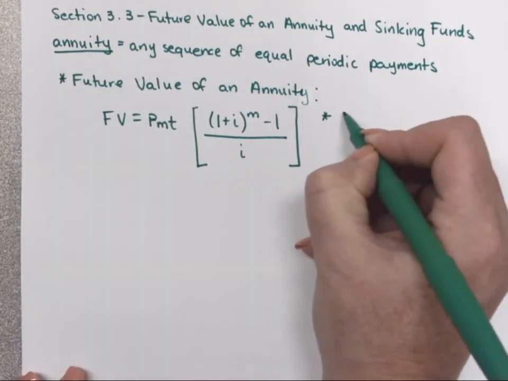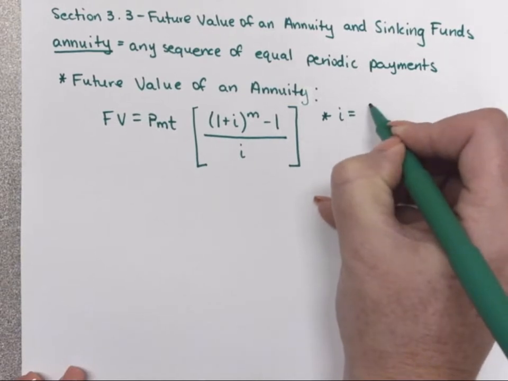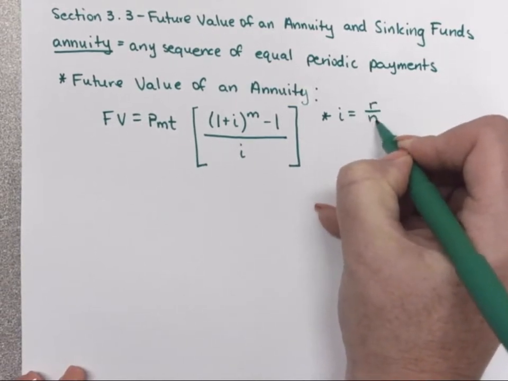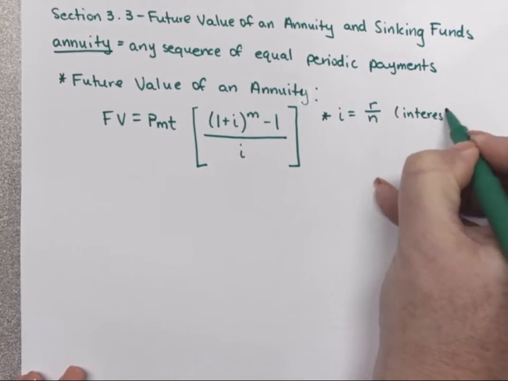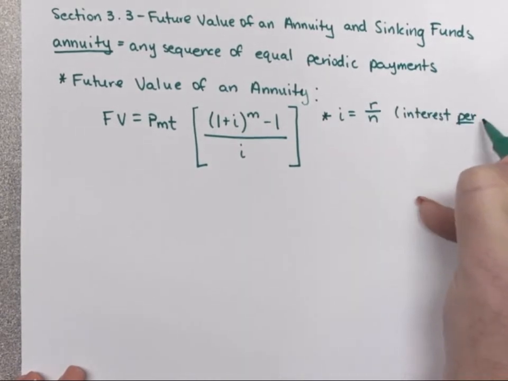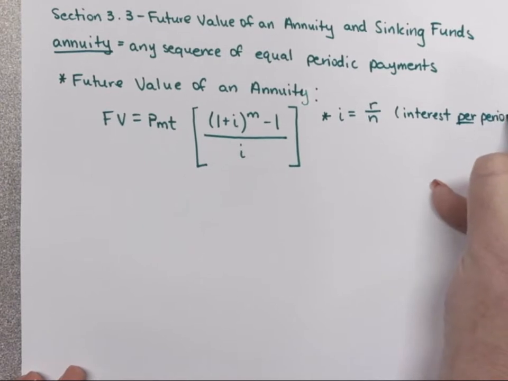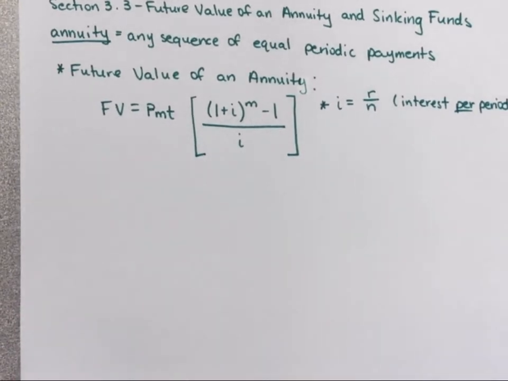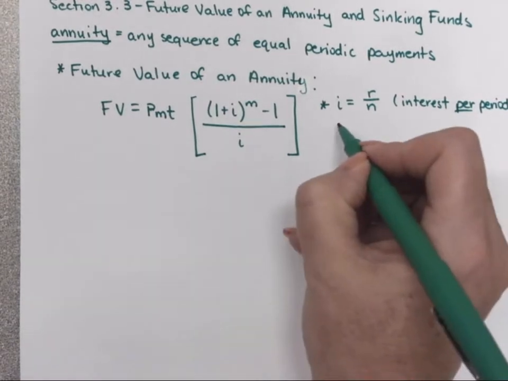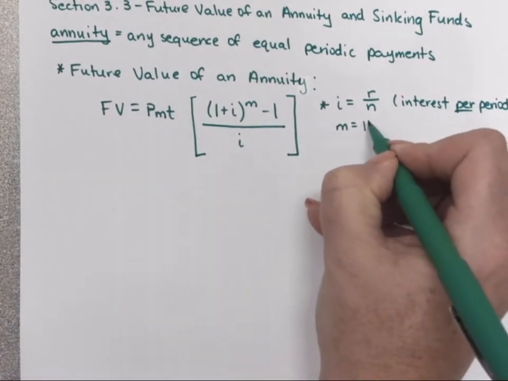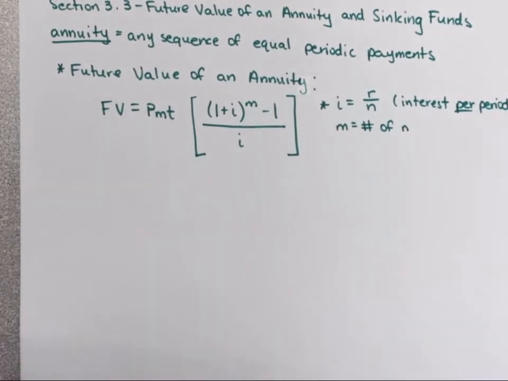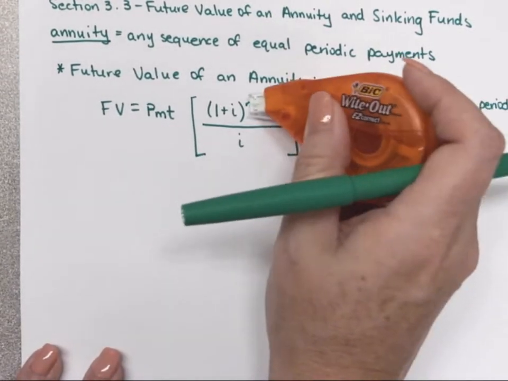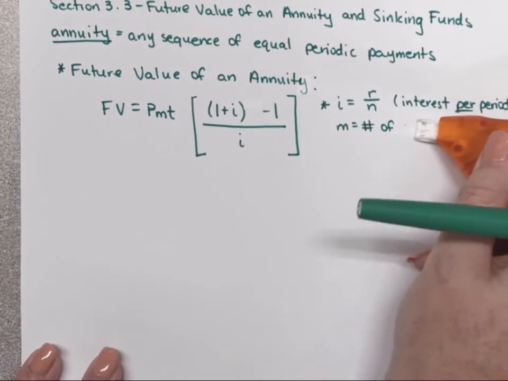And so I, just so you know, is always going to be R over N. It's the interest per period. So if the interest is compounded monthly, it's per month. If it's compounded annually, it's per year. And M is going to be the number of payments. And actually, let's change this to N. Sorry.